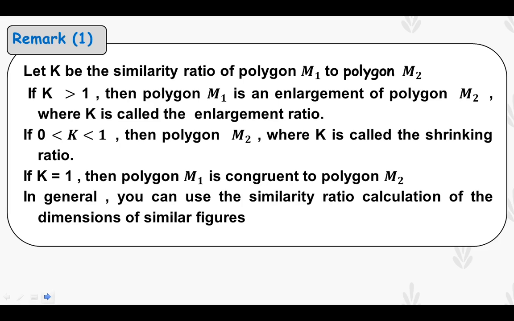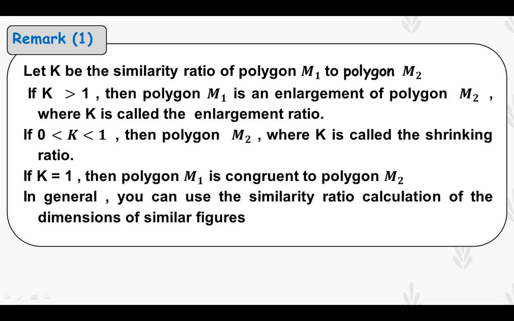If we divide two corresponding sides of the polygons and we find that K is bigger than 0 and smaller than 1, then the polygon M2 is a shrinking of polygon M1, and K is called the shrinking ratio. So if we divide two corresponding sides and the ratio is bigger than 1, then the polygon M1 is an enlargement of polygon M2.